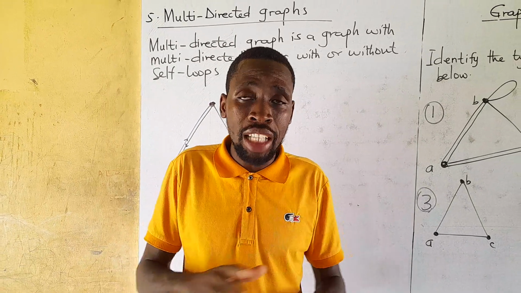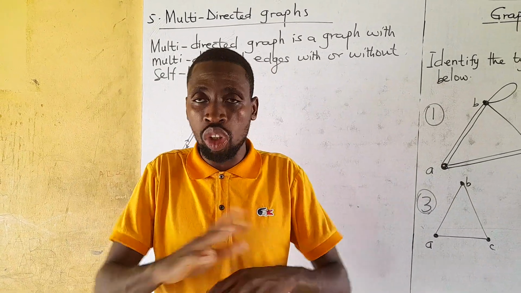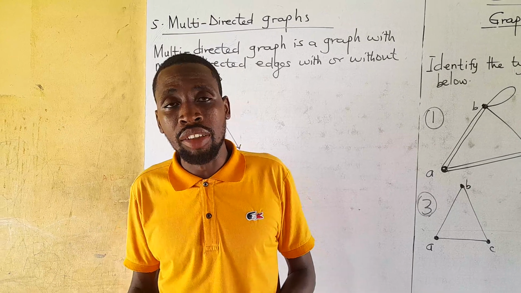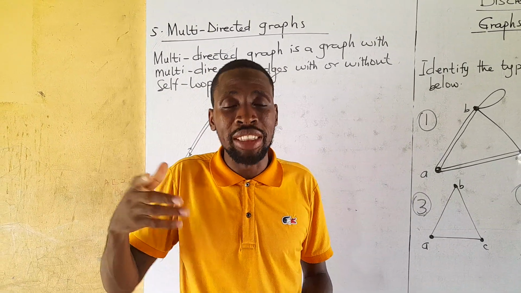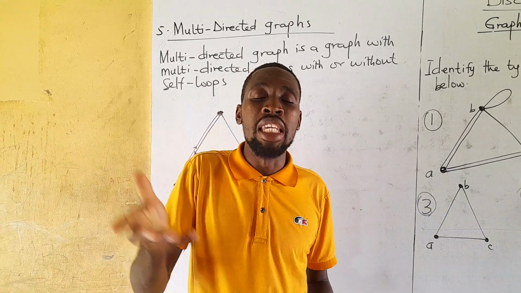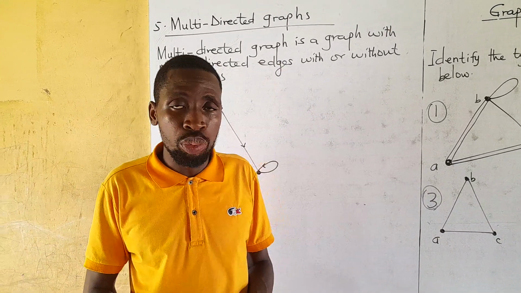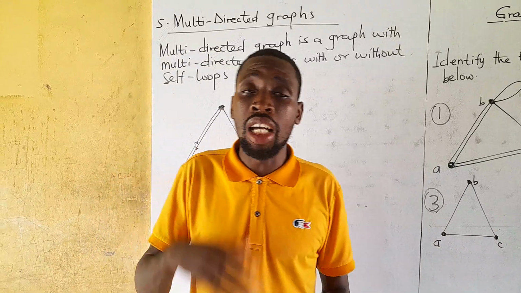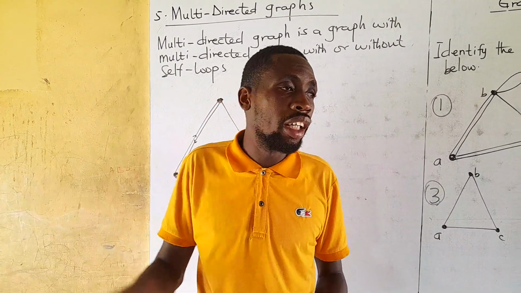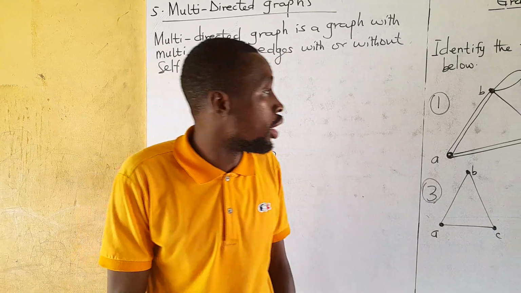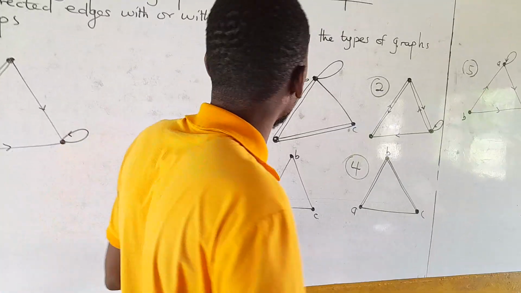The only thing that is missing is that the edges are not directed. In directed graphs, the edges are directed, but not multi-directed, and they may or may not have a self-loop. Multi-directed graphs are graphs with multiple directed edges, with or without a self-loop. So that's what we have been talking about so far.